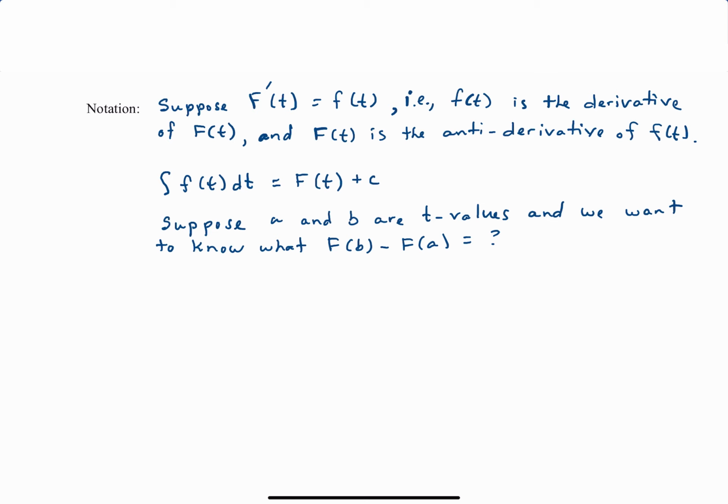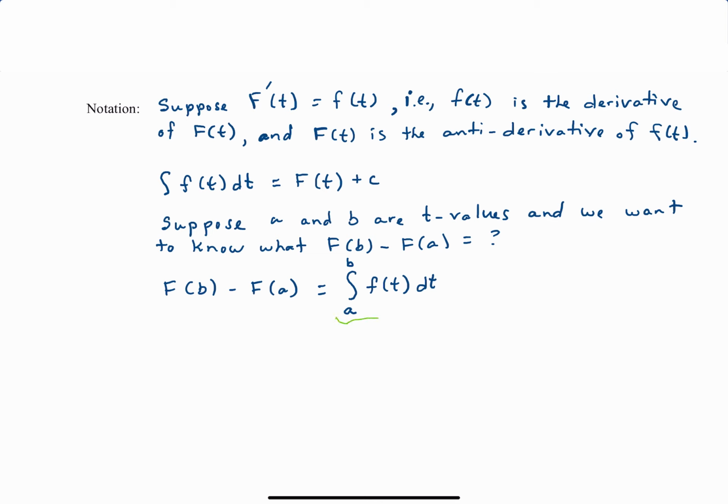We've seen that we can compute F of b minus F of a by taking the antiderivative of little f, evaluating that antiderivative and then plugging in our two t values. So there's a notation for that where you indicate you're going to do that by putting a little a underneath the integral sign and a little b on top of the integral sign.